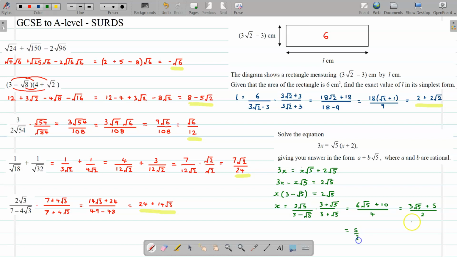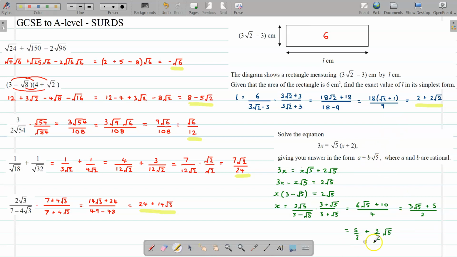I'm splitting this into two fractions: 5 over 2, and the other part is 3 over 2 root 5. I write it like that, plus 3 over 2, and then the root 5 next to it, because it's then presented in the format that the question was asking us for.